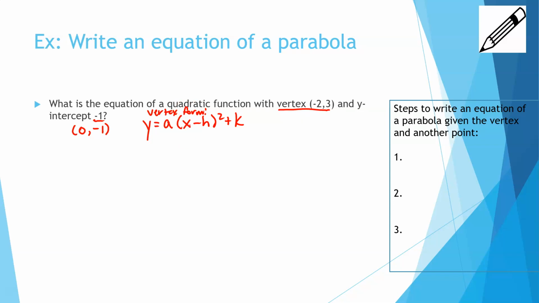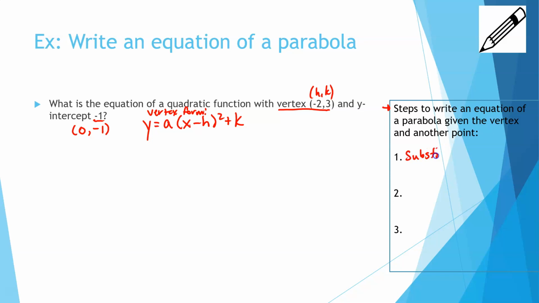Now, you can see on the right-hand side, I have this table. Here, while I do each step, I'm going to write down the step that I did. Now, the vertex represents h and k. So my first step to write an equation in vertex form is to substitute the coordinates of the vertex in for h and k.